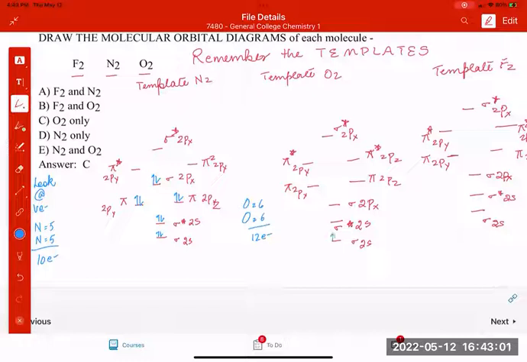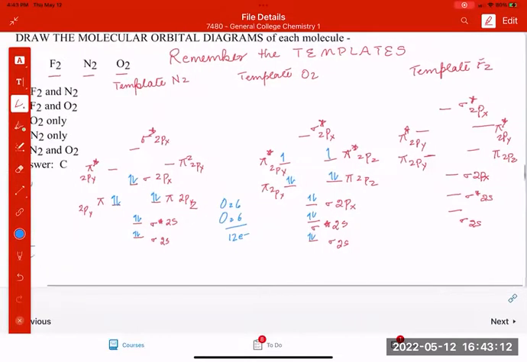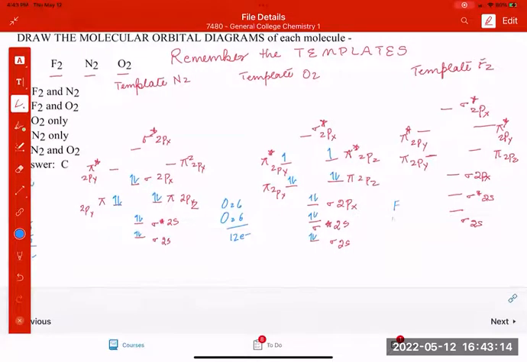So here, 1, 2, 3, 4, 5, 6, 7, 8, 9, 10, 11, and 12. So there are 2 unpaired in this case. Okay. Now let's look at fluorine. Fluorine is bringing 7. So that's 14 electrons. Okay. So 1, 2, 3, 4, 5, 6, 7, 8, 9, 10, 11, 12, 13, and 14.